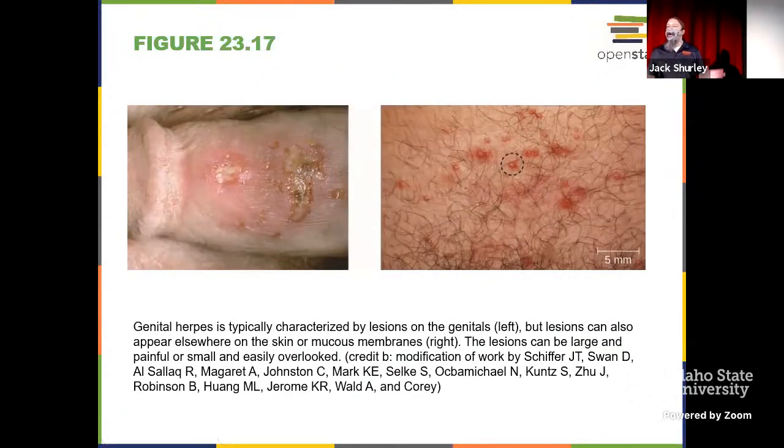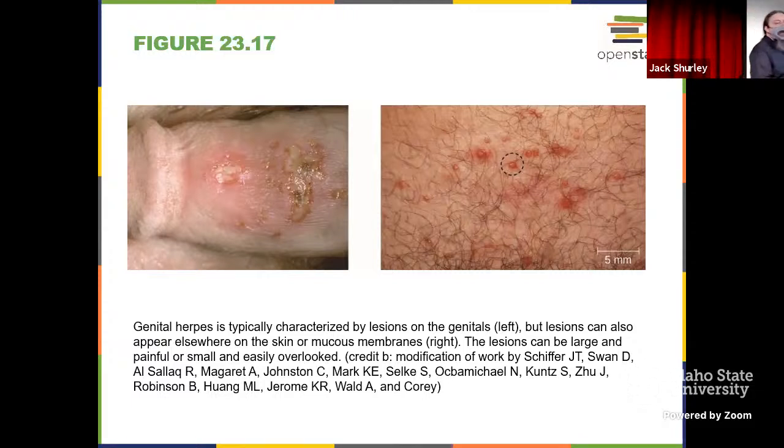So there are all sorts of potentials with this, and this is something like type 1, where these virions can go dormant on nerve cells and flare back up later. Herpes is something that you never get rid of, all right? So definitely issues and concerns when we think about this.